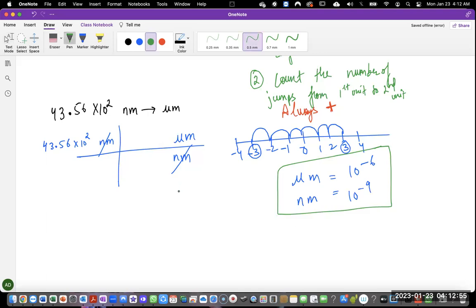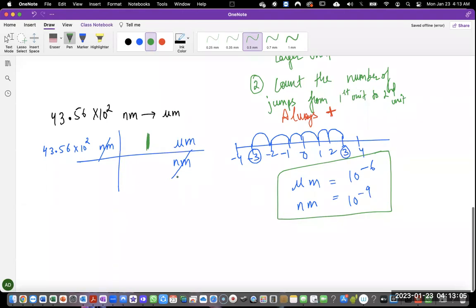So what was the rule? Put one in front of the bigger unit. So micro versus nano, who gets the one? Micro gets the one. Okay, now nano gets what number? Of course, it's going to be getting 10 to the power something. So for all these same base unit, different prefix problems, this is how you set up the conversion factors, okay?